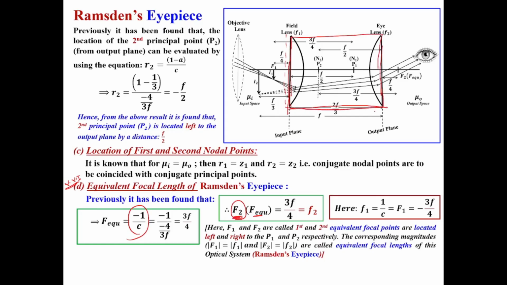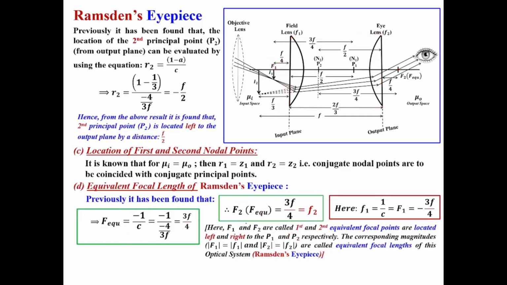Here capital F2 is located here, capital F1 is located here. Capital F2 means the equivalent focal point, or you can say the second equivalent focal point. This F1 is your first equivalent focal point, and its corresponding lengths from the principal points are called the equivalent focal lengths.